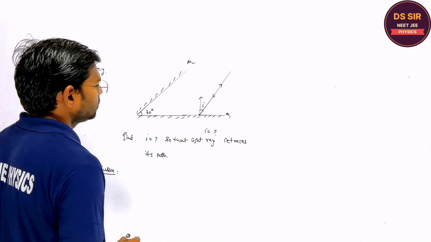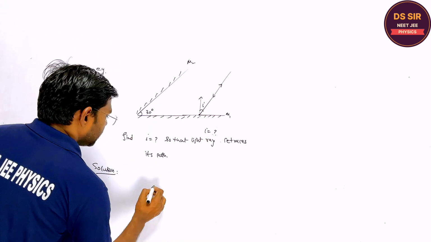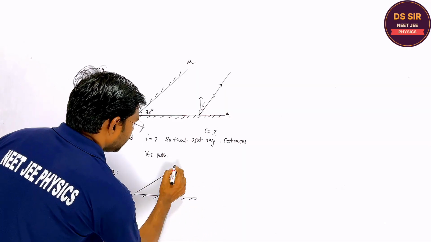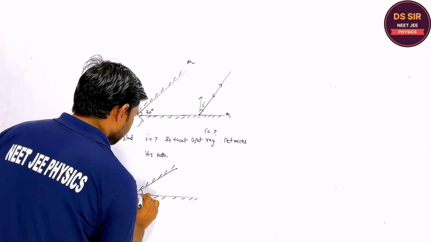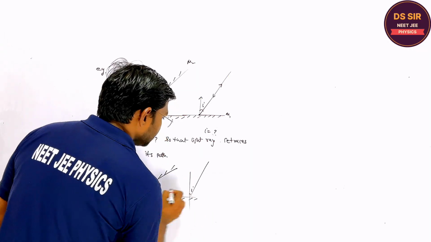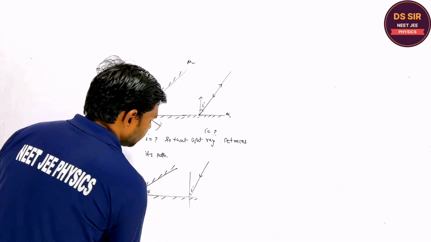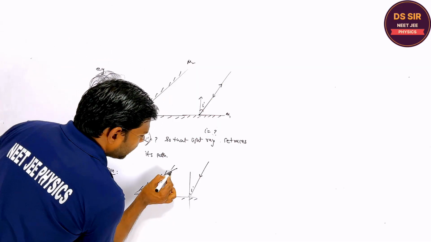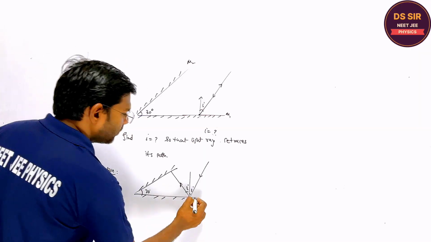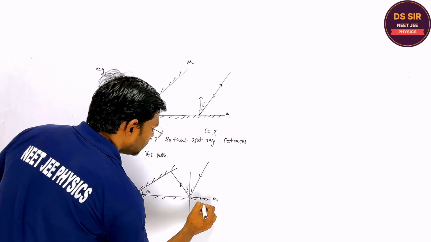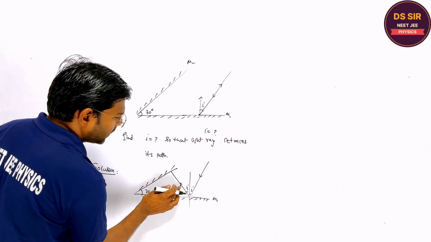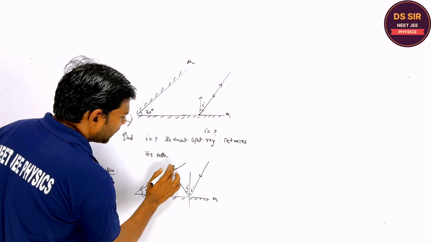So how to solve this question? Listen, suppose this is the mirror, and this angle is 30 degrees. If light is incident at angle I like this, after reflection this is the reflected ray from mirror 1. And to retrace its path, it should hit normally to the mirror M2.